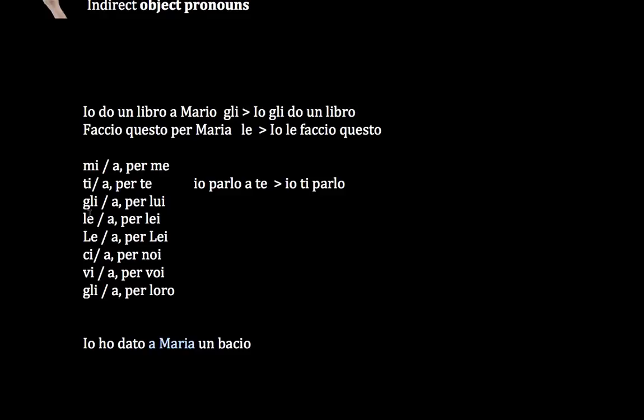So I just check and I see it's le, so it will be io le ho dato. Okay, in this case, you see, even if I have a Maria and Maria is female, dato doesn't change. It's not data. It's always o. Okay, so remember, with the indirect object pronouns, I don't have to change the past participle. I don't have to make the agreement with the pronoun. So, io le ho dato un bacio.